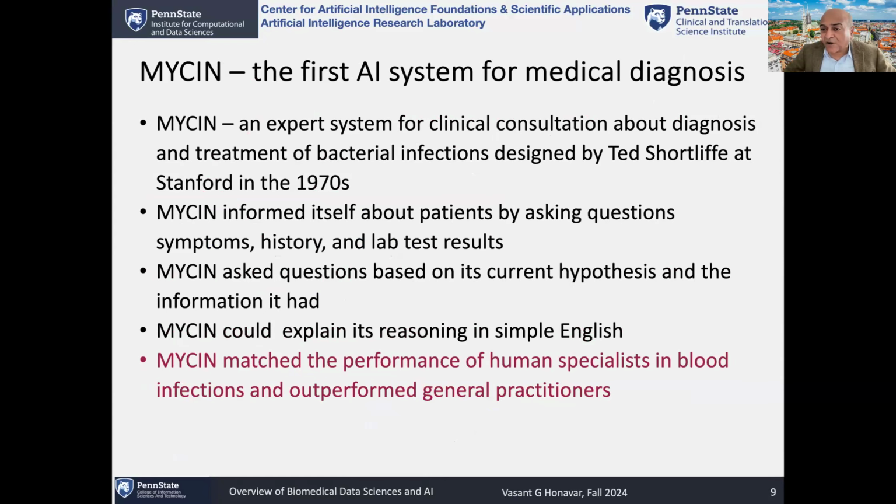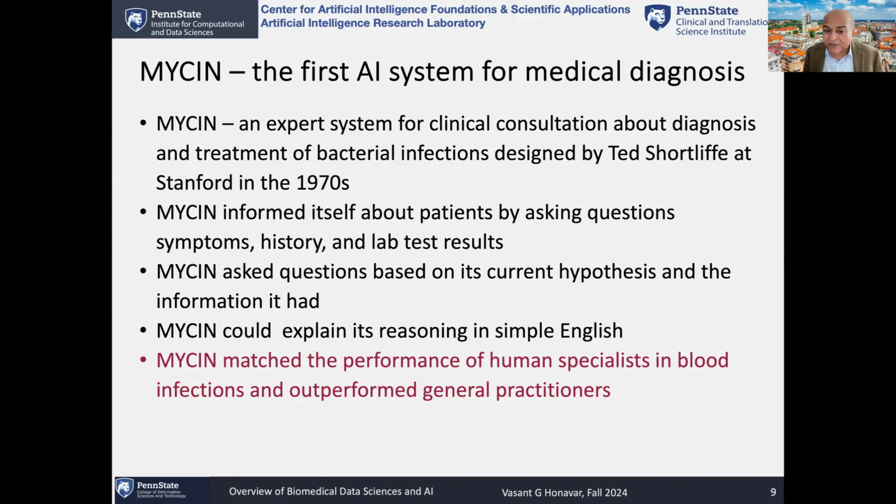It was developed by Ted Shortliffe at Stanford in the 1970s. The way it was built was by very painstakingly interviewing expert physicians, extracting what they knew about blood infections, and encoding that into a collection of rules that the system then applied to diagnose blood infections.